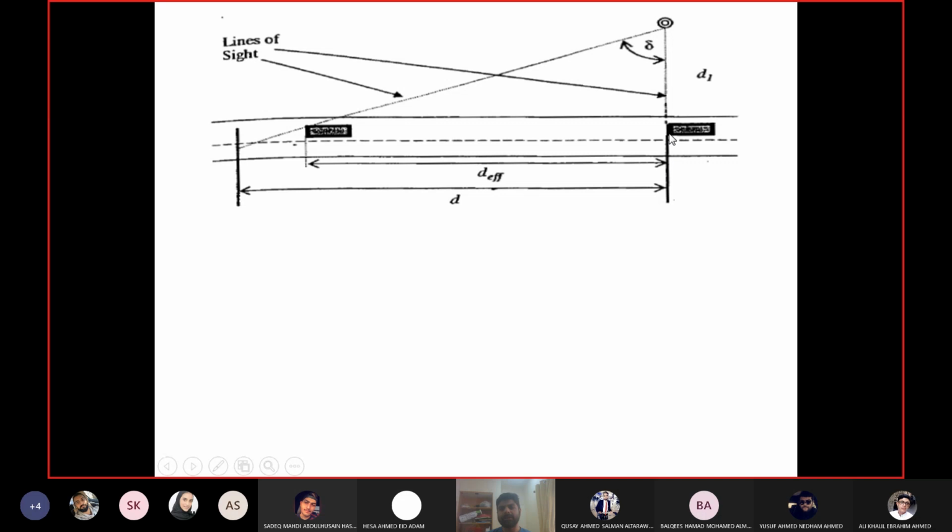This is the starting point and the end point is here, 400 feet, so D is 400 feet. His line of sight will not be straight when he looks at the end point. This is the angle of 60 degrees from the perpendicular of the road when he looks at the exit point.